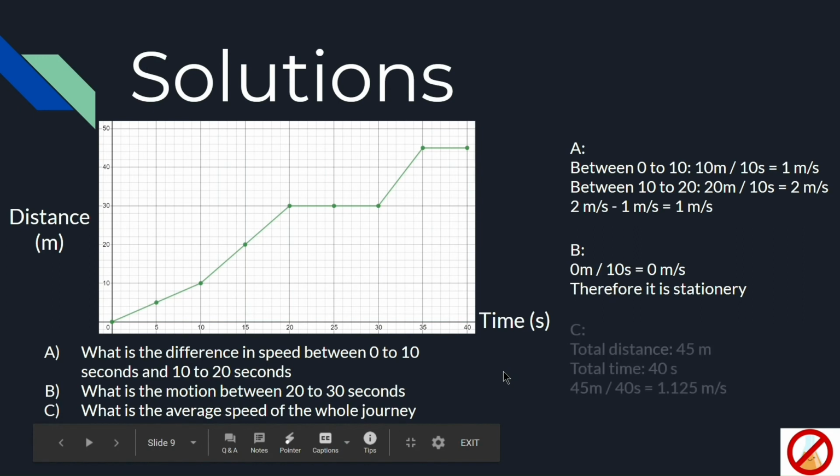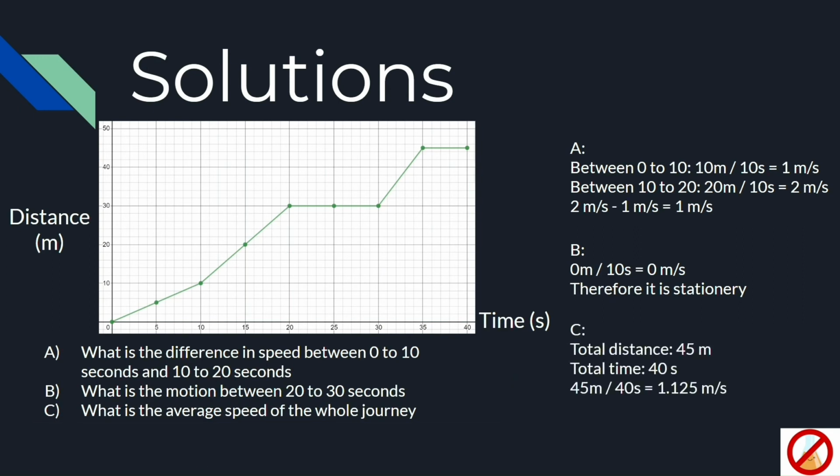So in order to calculate average speed, we need to know what is the total distance traveled and what is the total time spent on traveling. So from here we can tell, although it goes through this increase and sort of fluctuation, it eventually ended up at around 45 meters. So we can tell that this object has traveled a total distance of 45 meters.